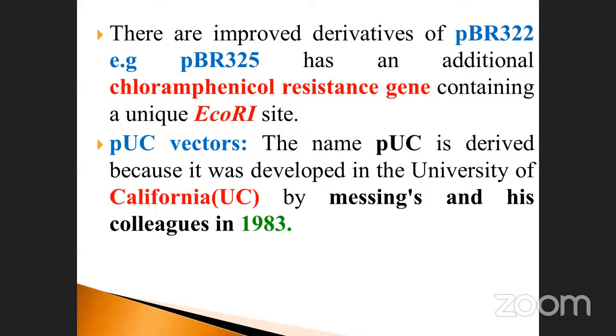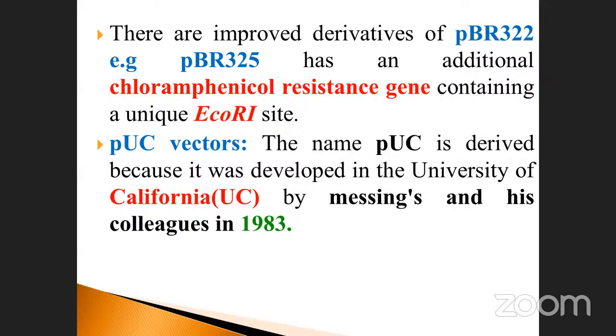The name plasmid UC vector is derived because it was developed at the University of California, denoted as UC, by Messing and his colleagues in the year 1983. pBR322 was discovered in 1977, and this one is 1983. What is the difference between these two? How many years?